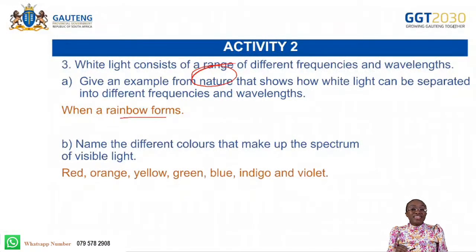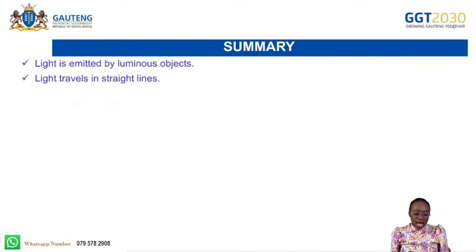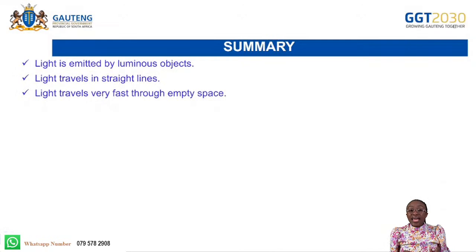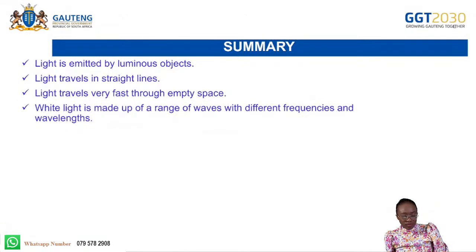Welcome back, learners. Now, let us wrap up our lesson. What did we learn today? Today, we learned that light is emitted by luminous objects, and light travels in straight lines. Light travels its fastest, or at a very fast speed, when it is in an empty space, such as a vacuum.